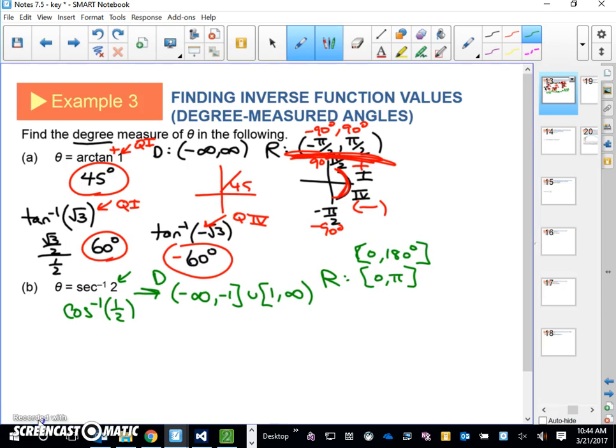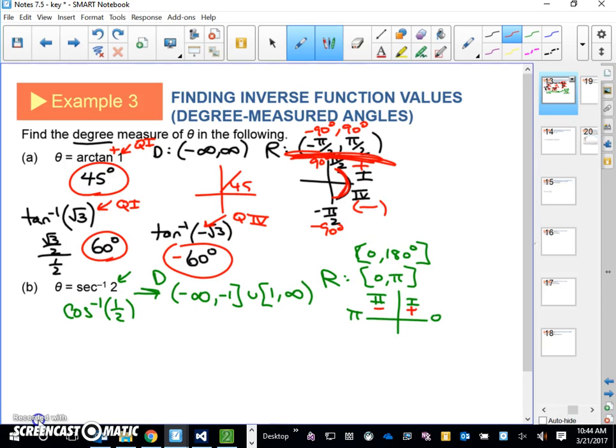And so you look at that, and 0 to pi is talking about quadrants 1 and 2. If it's positive, we'd be in quadrant 1, and if it's negative, we put it in quadrant 2. And so you look at the inverse cosine of 1/2, and we just look at the chart. Inverse cosine, there's 1/2, it goes to a 60-degree angle.